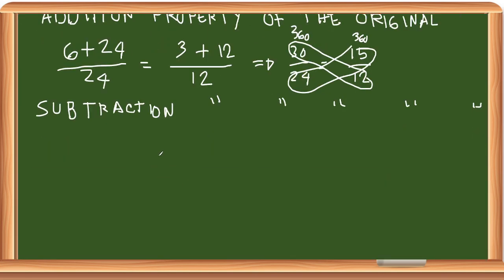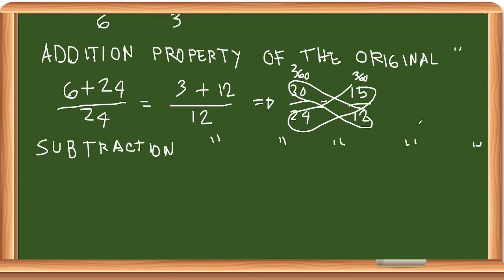Okay? So, if you have addition property of the original proportion, you also have subtraction property of the original proportion. So, isubtract natin. Siyempre, unahin natin 24, mas malaki, although pwede din naman kung negative. So, 24 minus 6 over 24, or, you can say over 6. Depende yan kung ano yung gusto mong paglaruan dito sa original proportion.